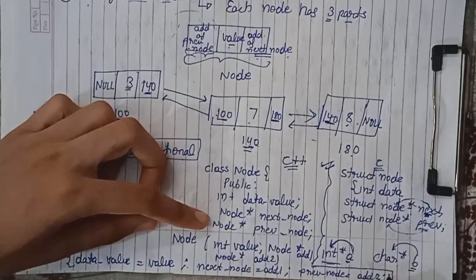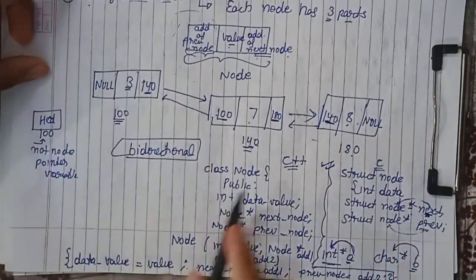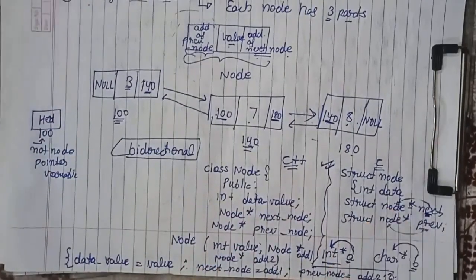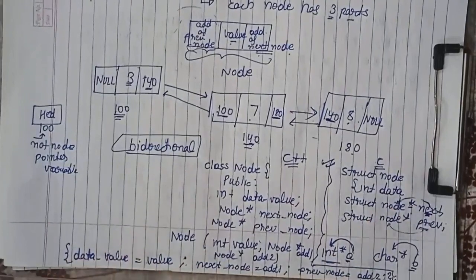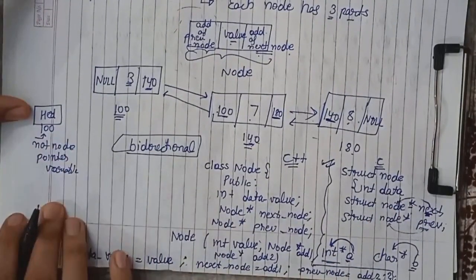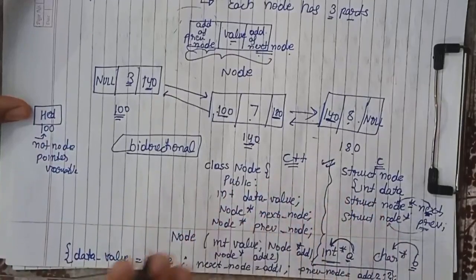So in this manner we can do our doubly linked list implementation for the node in C++, and in this manner in C language. So now I hope that the doubly linked list is also clear to you, and as I have told you, don't worry about the code for now, worry about the code in the third session.